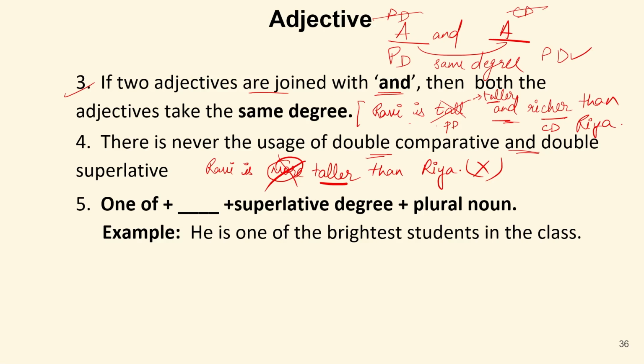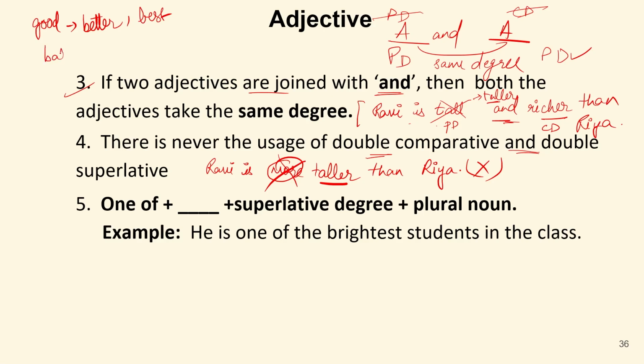More better, that is incorrect, because better is a comparative degree. We cannot use more better. That this one is more better? No, that is incorrect. Better is better. We have one word good, and the comparative degree of good is better, and the superlative degree of this is best.